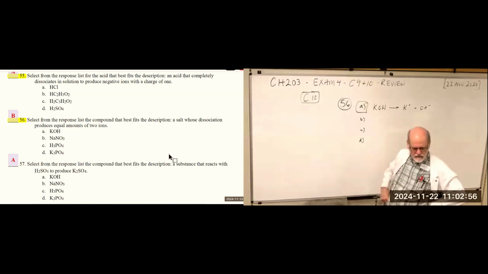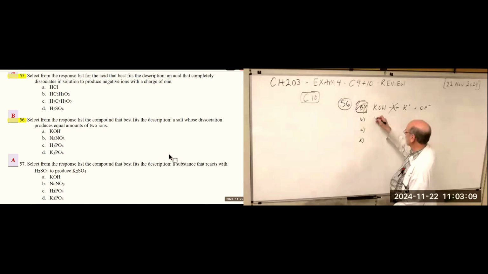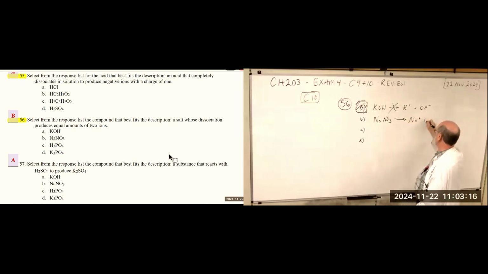Select response. A salt whose dissociation... Oh, that's not a salt. That's a base. It's a trick question. This is a salt. And it completely dissociates into equal amounts of two ions.